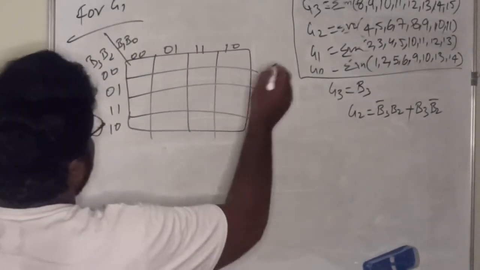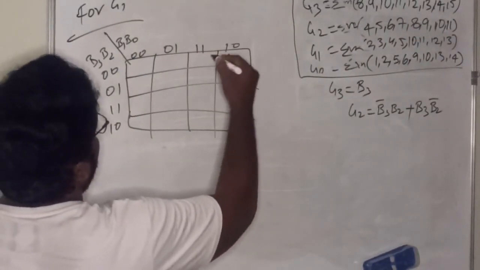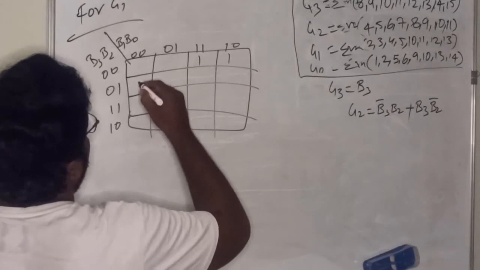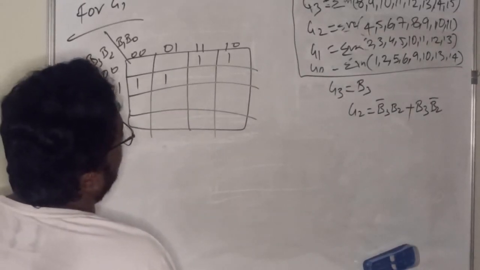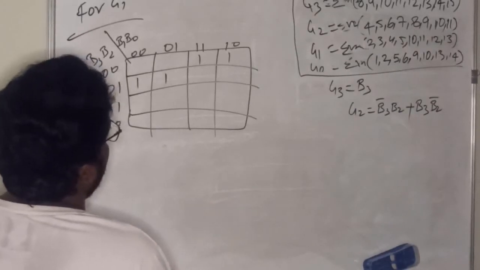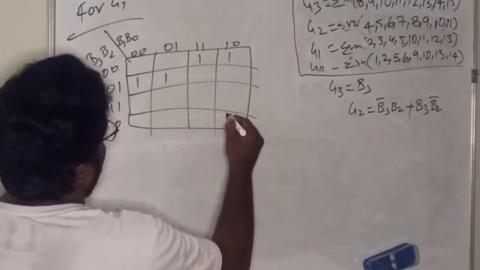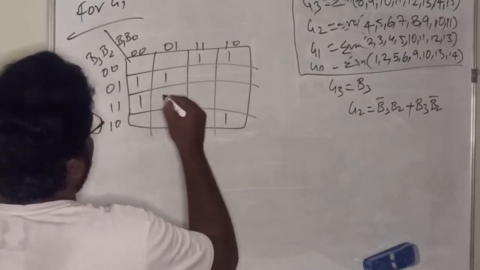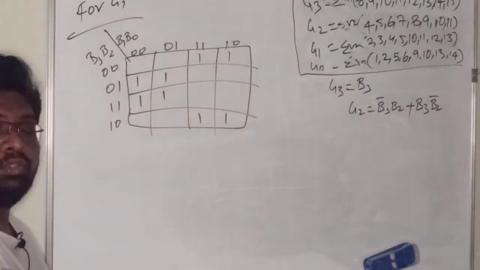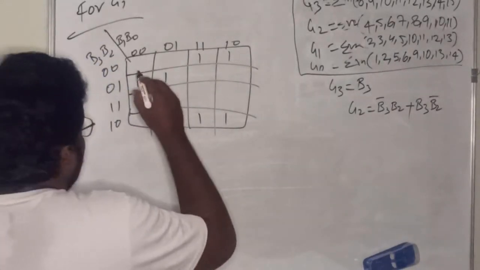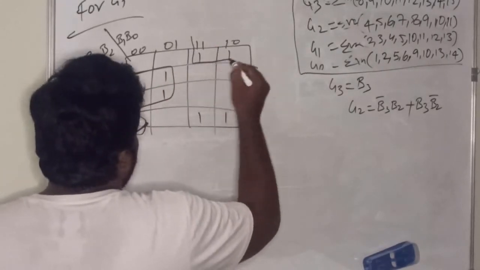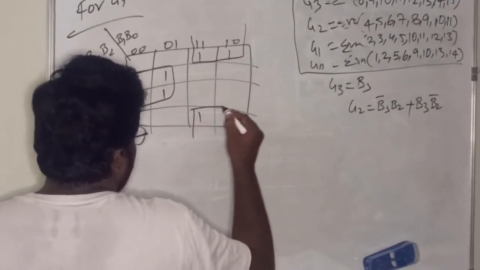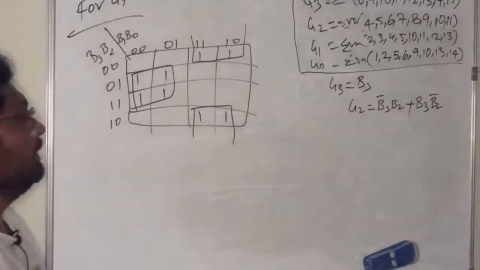So this is 2, 3, 4, 5, 10, 11 and 12, 13. So from this we can also form two quads. So this is one quad and this is another quad, right?